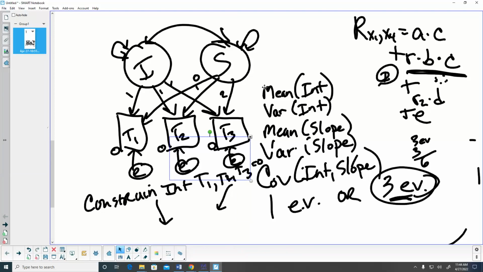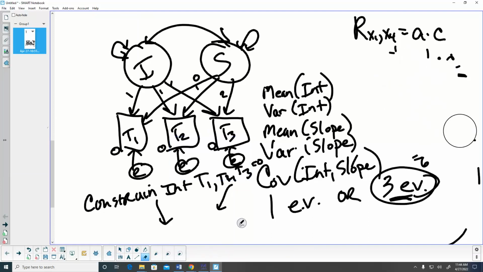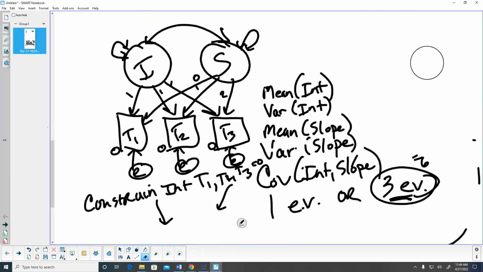So the question is basically, how well can I estimate people's scores at time 1, time 2, and time 3, those 3 scores, by just using the 2 parameters of intercept and slope? And so remember, I said a person's score at time 1, what would be the model predicted score at time 1?